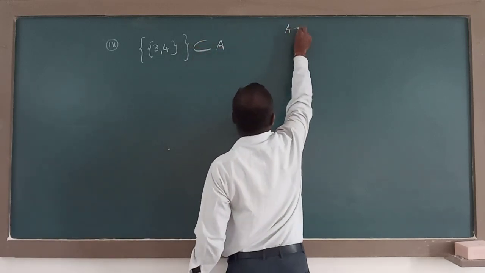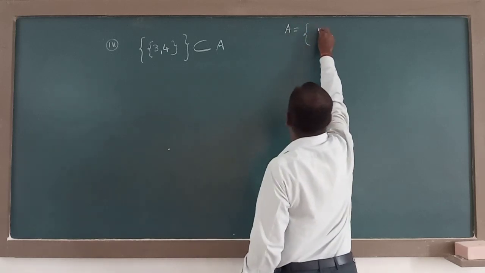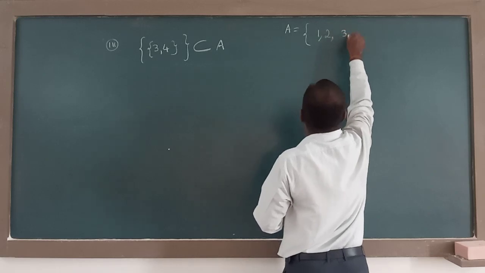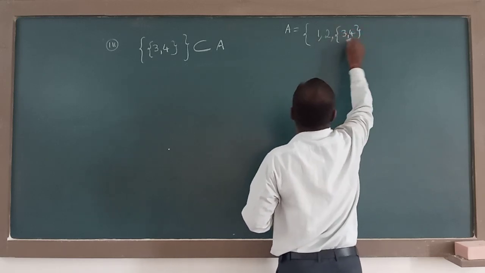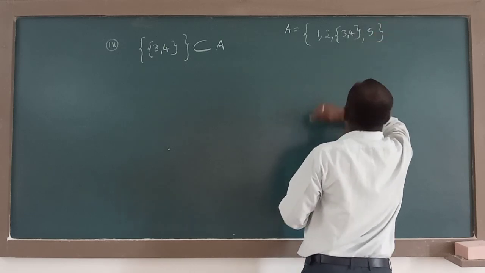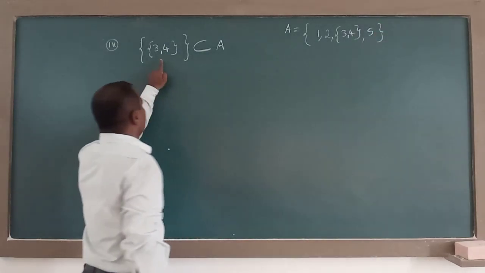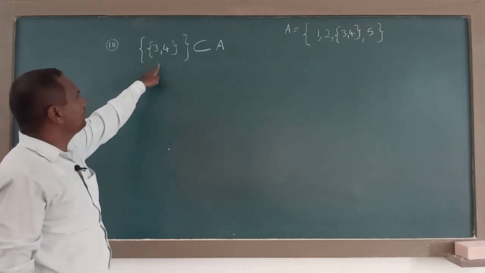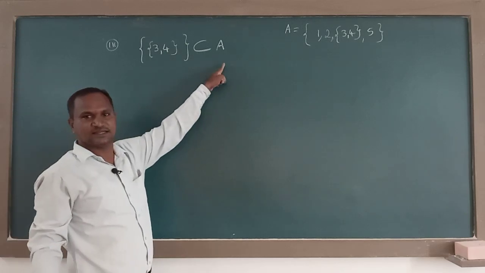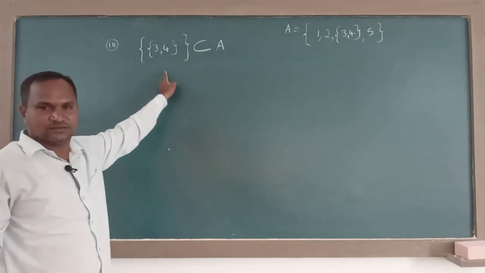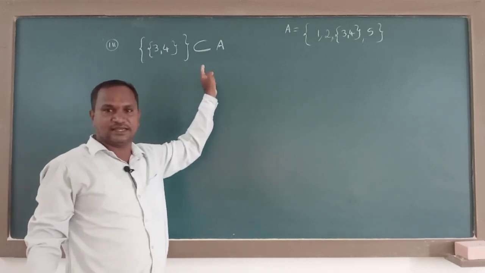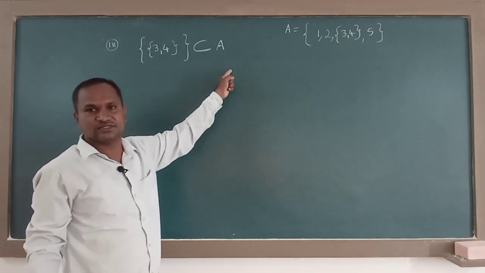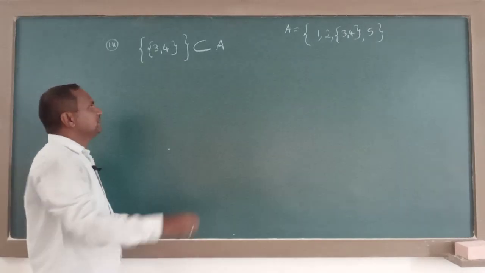A is equal to {1, 2, {3, 4}, 5}. {3, 4} is an element, so the set of that element is a subset of A. Every element of the first set is an element of the second set. What they gave as the element in the first set is also an element of set A. That's why it is always a subset of the second set. That's why the given statement is correct.